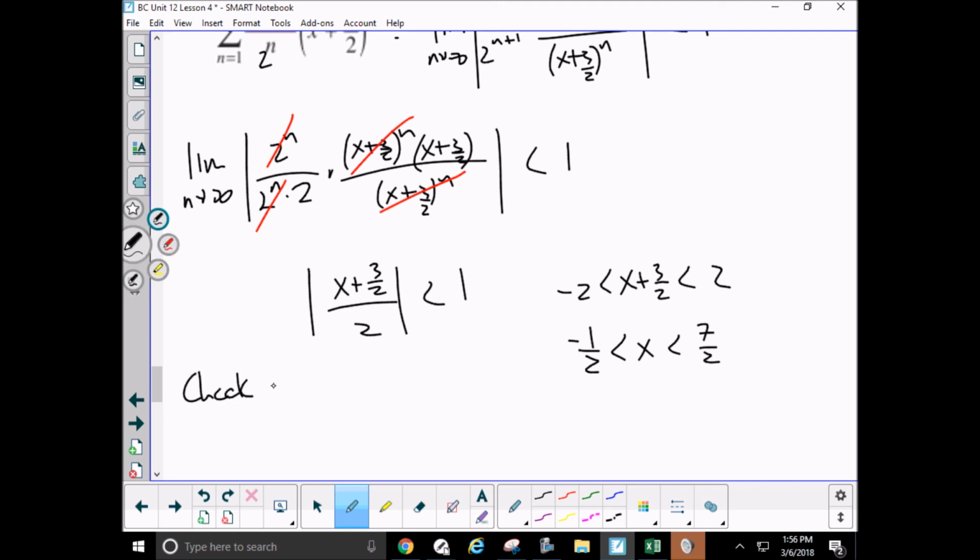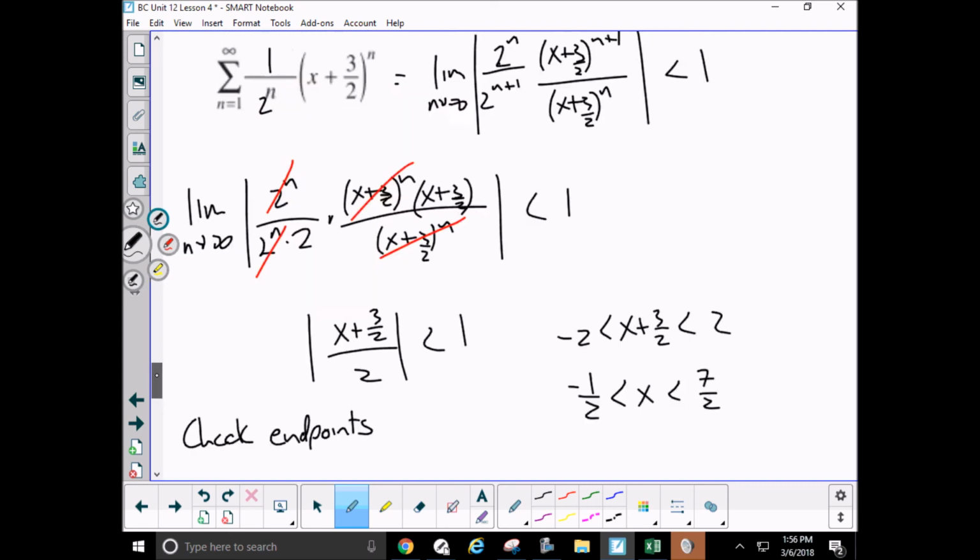Time to check your endpoints for conditional convergence.